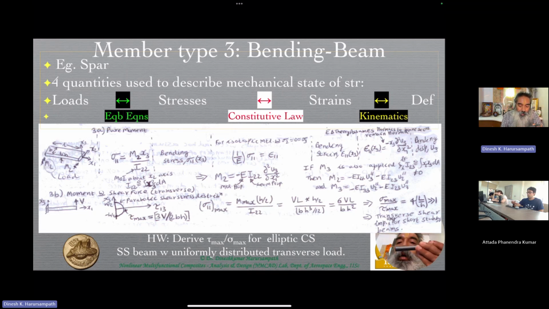That's, of course, for a moment which is acting this way. If it's a moment acting this way, then it's maximum tension or compression at these two end extremes, the boundaries. On the other hand, the shear stress is essentially taken mostly by the material in between. So this is an exception.